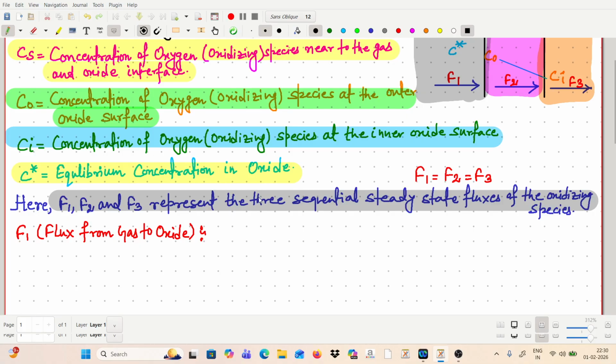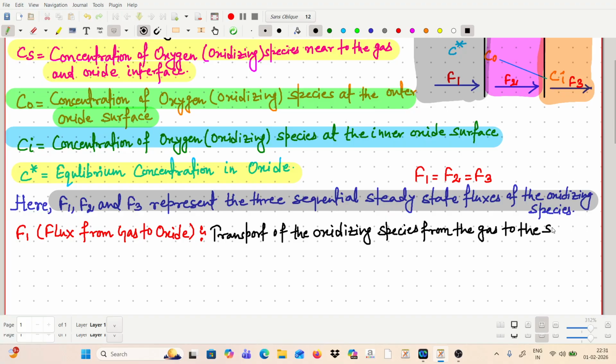This flux from gas to oxide is simply the transport of the oxidizing species from the gas to the surface of the oxide, that is our SiO2. I am writing it here, then we will discuss in more detail. F1 is the transport of the oxidizing species from the gas to the surface of the oxide.